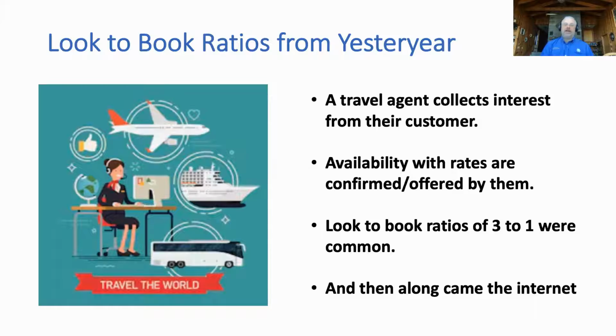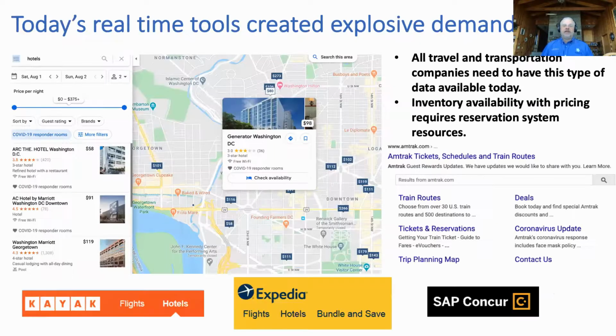And then along came the internet. With that, the real-time tools that were developed aren't just a reservation system statement, but how we work today. A lot of people ask, what's the real cost of shopping? The real cost of shopping comes down to the fact that if you don't make that information available to the public, they're not going to book your rooms. We're all pretty savvy these days with the tools available on our smartphones and computers.